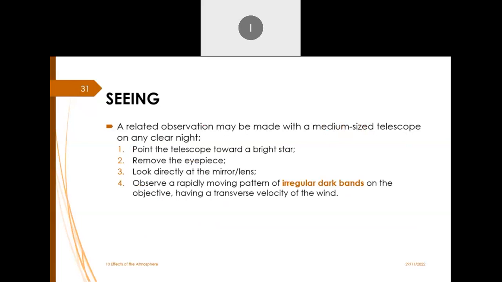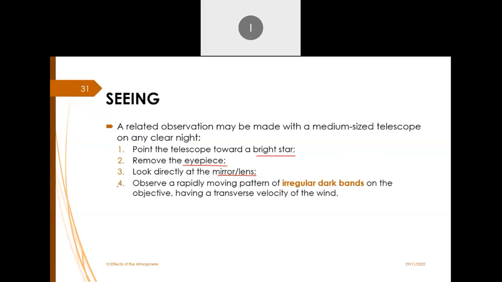A related observation for a medium-sized telescope on any clear night: point the telescope toward a bright star, remove the eyepiece, and look directly at the mirror or lens. Observe a rapidly moving pattern of irregular dark bands on the objective, having a transverse velocity of the wind.